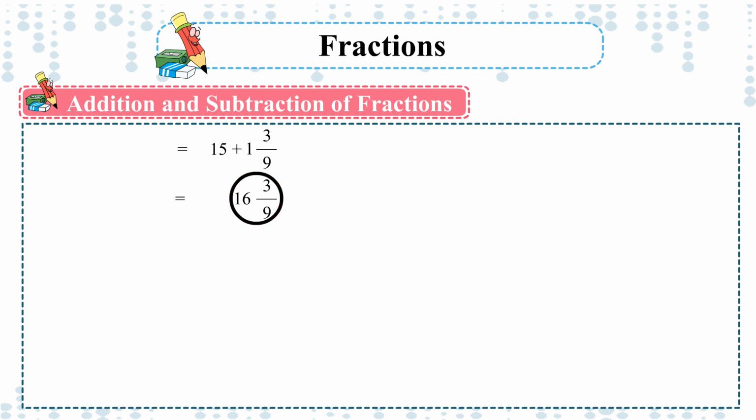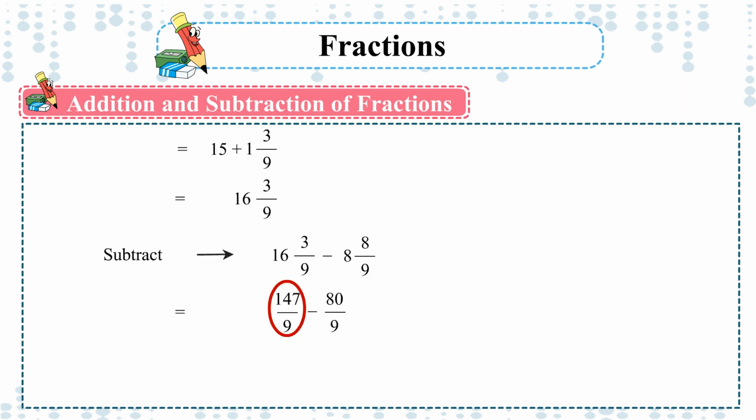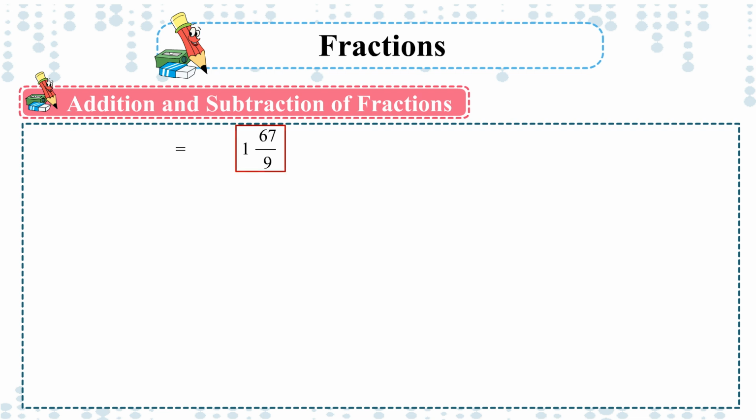Subtract 16, 3 upon 9 minus 8, 8 upon 9 is equal to 147 upon 9 minus 80 upon 9, which is equal to 147 minus 80 upon 9 is equal to 67 upon 9, which is 7, 4 upon 9.